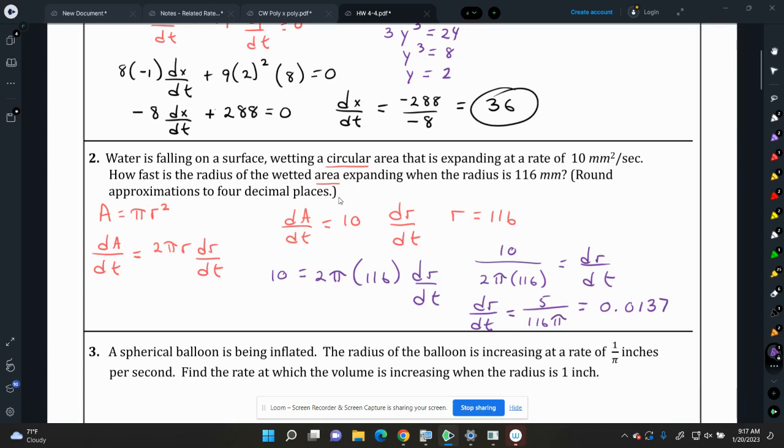This is radius, so it's millimeters per second. Okay, and you can leave it as 5/116 pi. You don't have to do the decimal. Okay, we good on that one?